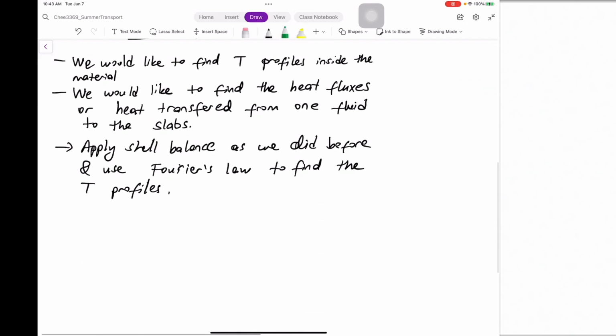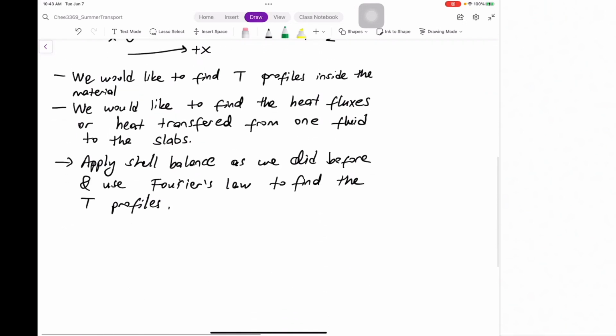So the temperature in the first material, for material 1, is going to be just a linear function of position, right?